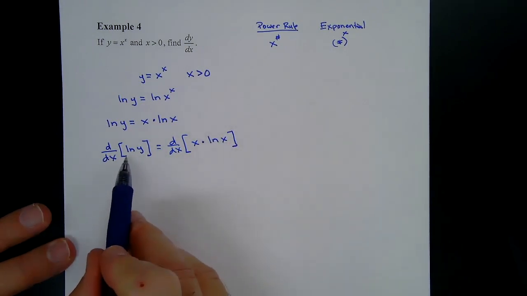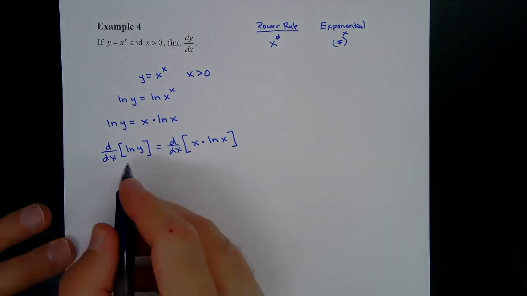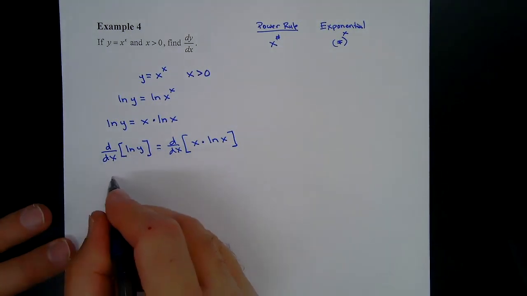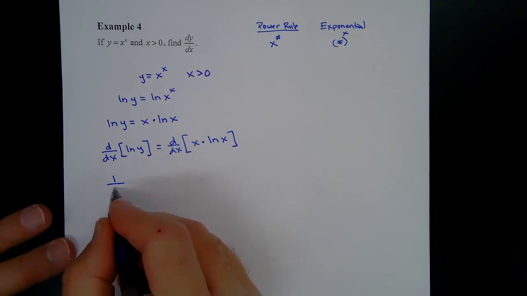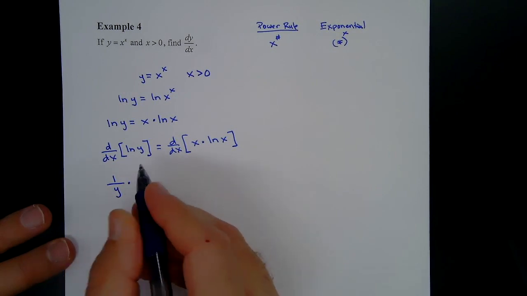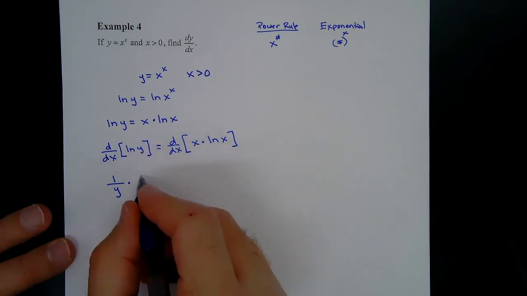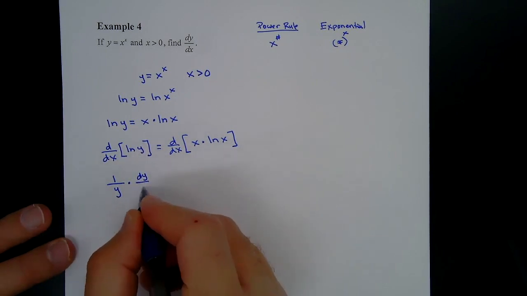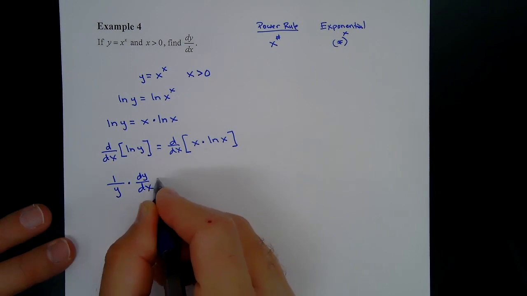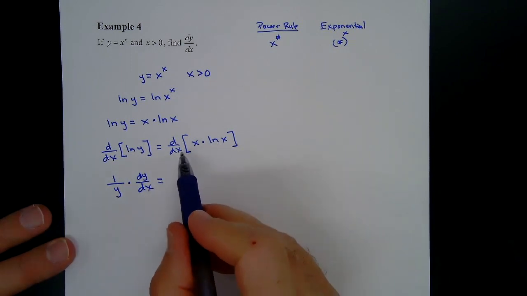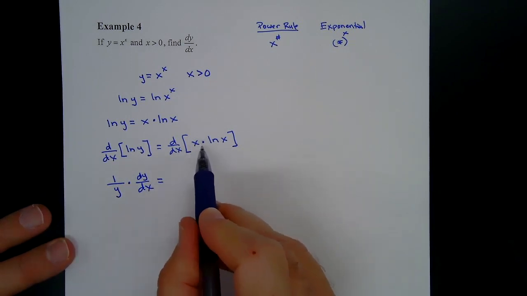So this becomes 1 over y, right? Because that's the derivative of natural logarithm function. It's 1 over whatever you're taking a logarithm of times the derivative with respect to your argument here, which would be dy over dx. So this is equal to the derivative with respect to x of x times natural log of x.